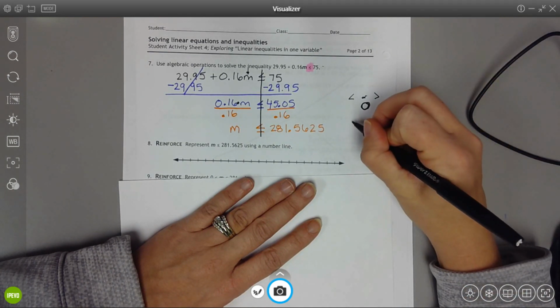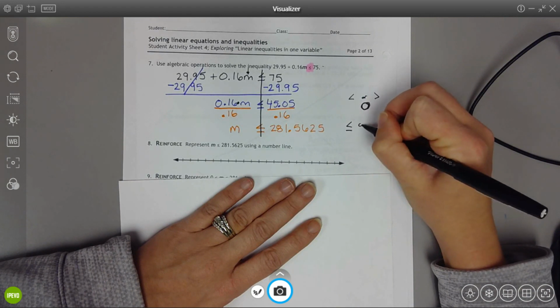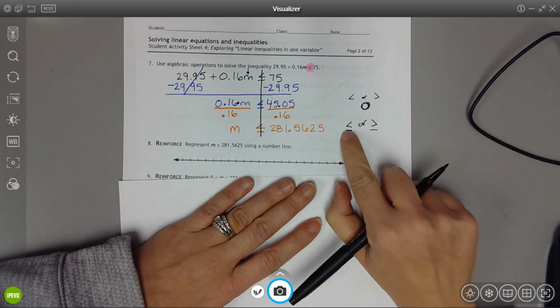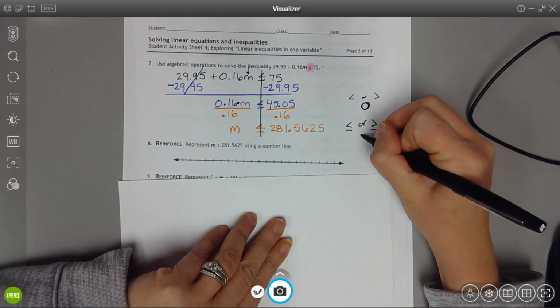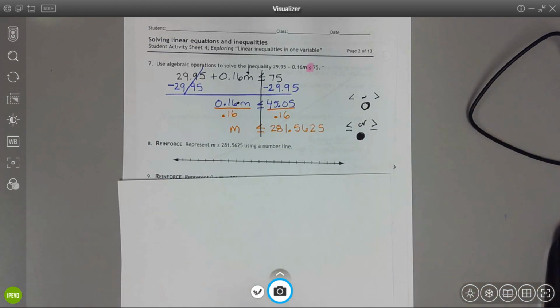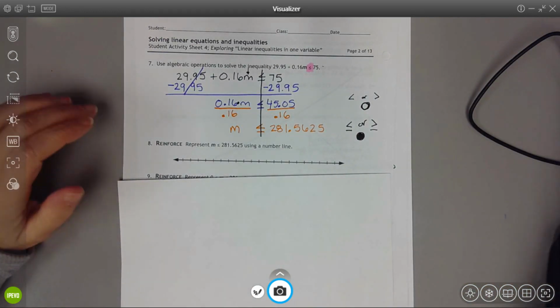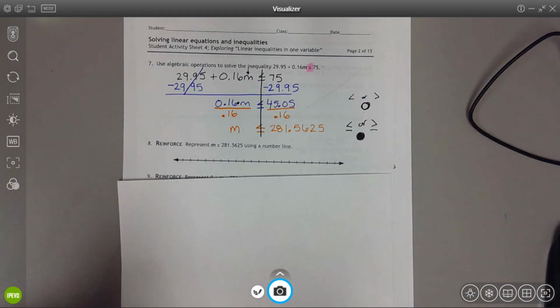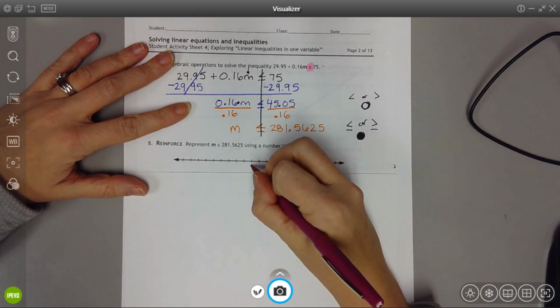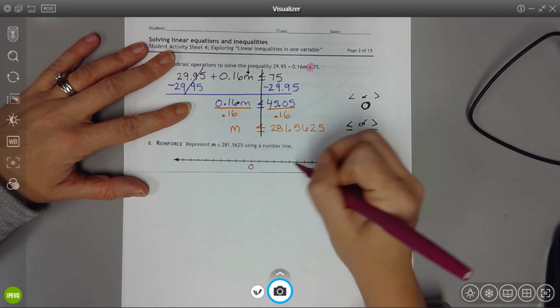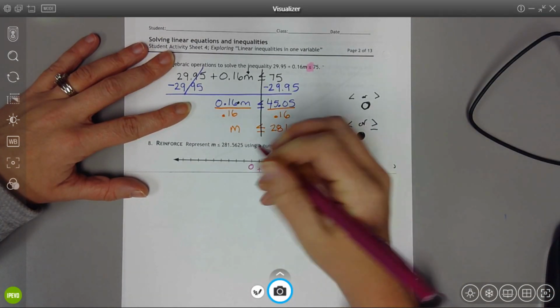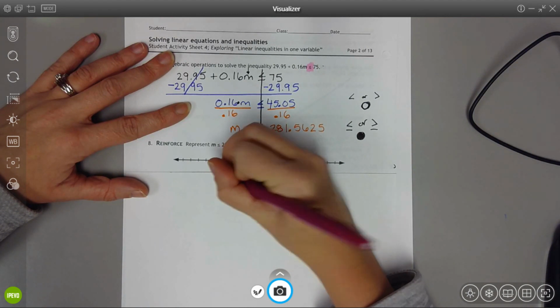So then if we have our less than or equal to or our greater than or equal to, whenever it's got the little line underneath, that means that it can include that number. We're going to use a filled in circle. So with this, I'm going to come over to my number line. Now, guys, you don't have to fill in a whole bunch of numbers. We know the typical, if we have 0 here, I know that my positive numbers are to the right and my negative numbers are to the left.